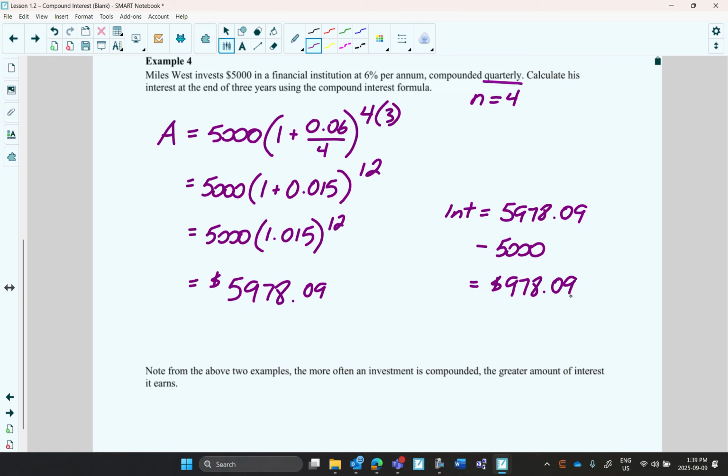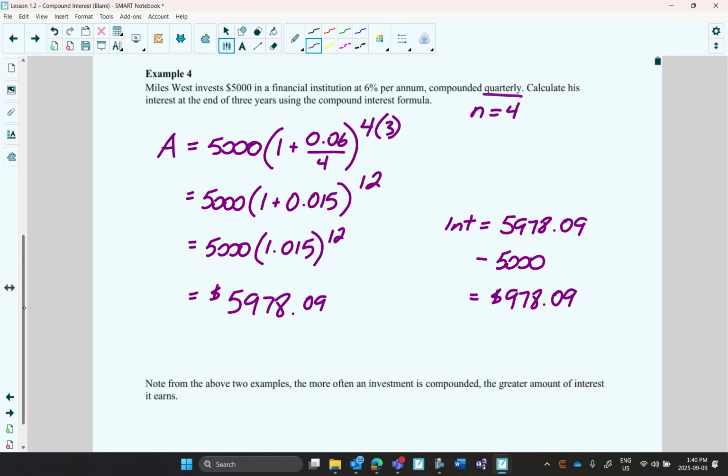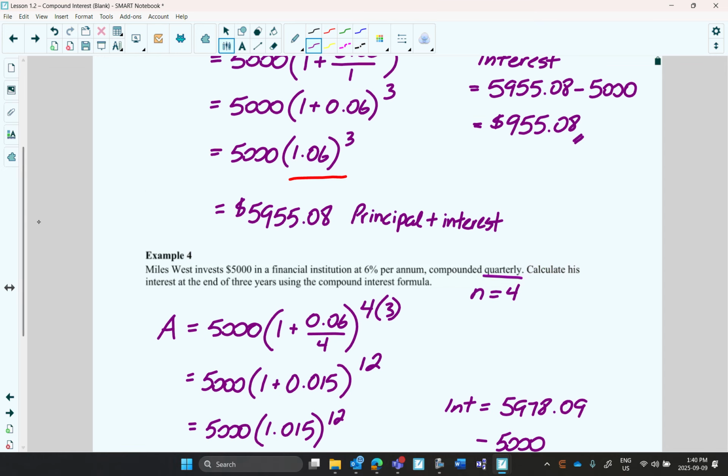Notice this amount, when we compounded quarterly, is even a little bit higher. The more times you calculate interest, the higher your amount's going to be. So here we just did it once. Here we did it 4 times a year. If you did it monthly, you'd make even more.